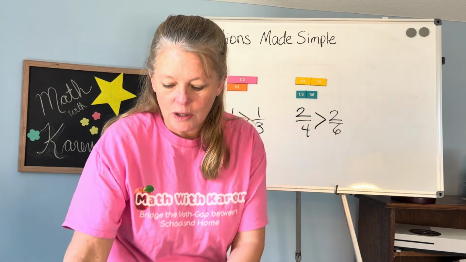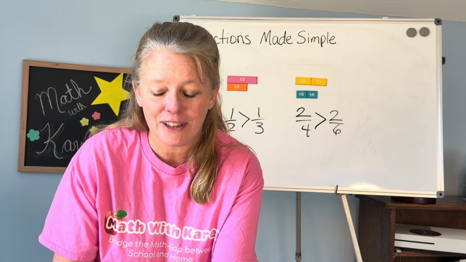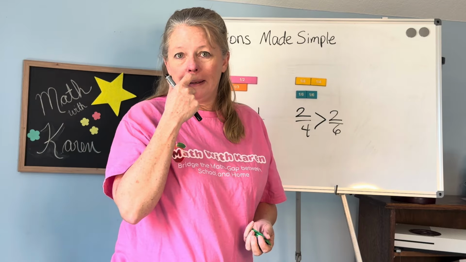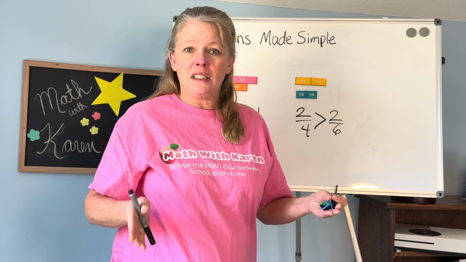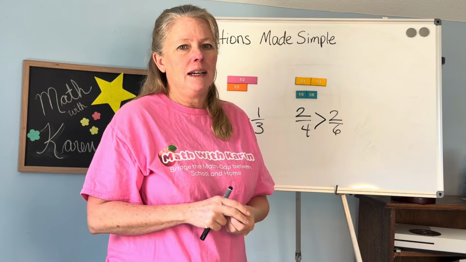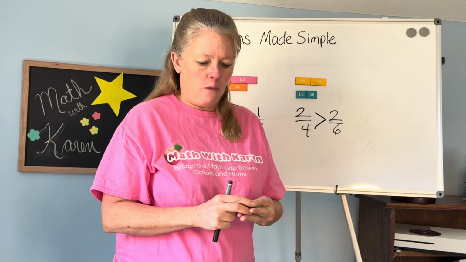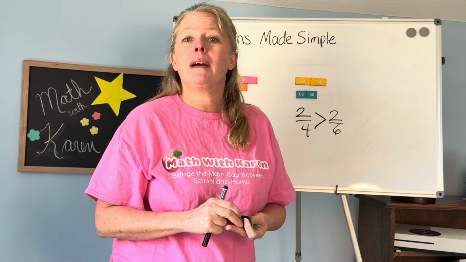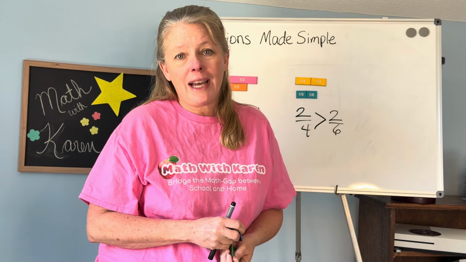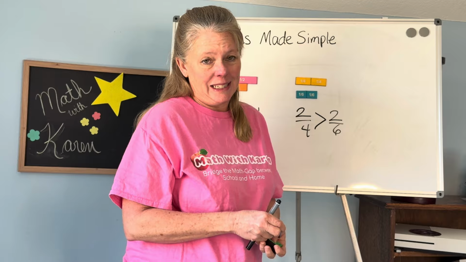And I'm going to see if you can do it without me telling you. So if we are going to be sharing a candy bar, it's the same size. You have your candy bar, I have mine. I'm going to break mine into 8 pieces, and you're going to break yours into 5 pieces.